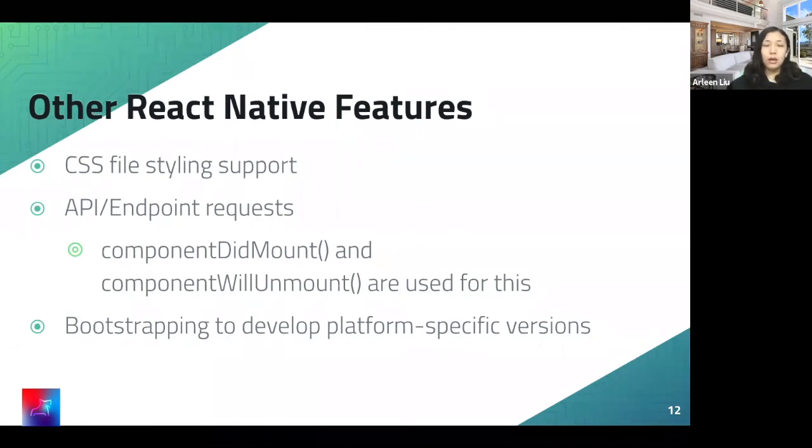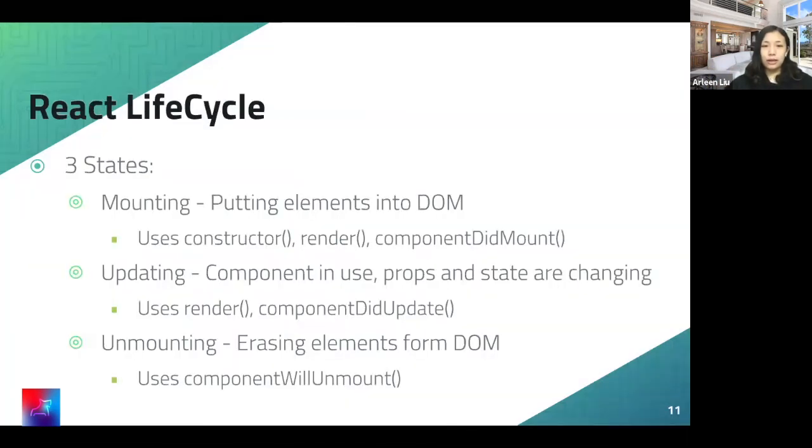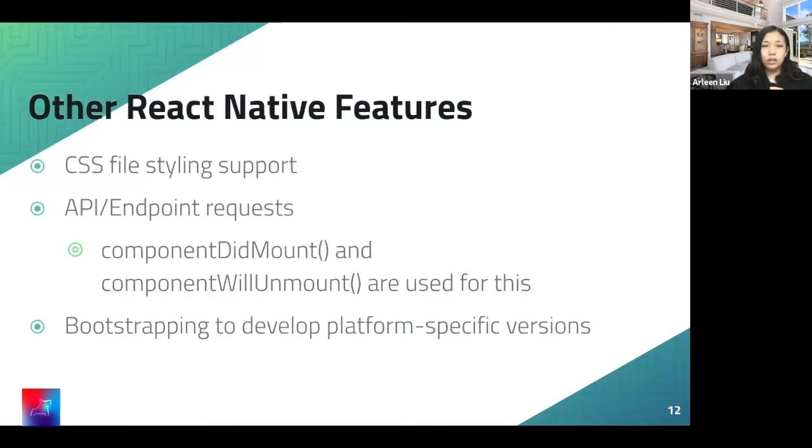And then if you want to make your app more complicated and make API or endpoint requests, if you want to bring data back into your app, you can use the mounting and unmounting stages from the previous slide. As you can see, there's componentDidMount and componentWillUnmount. These are methods that will load the data for you or erase everything for you, and you would typically include your backend interaction code in these functions.